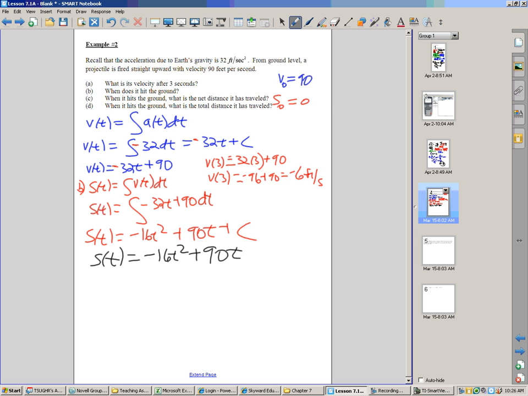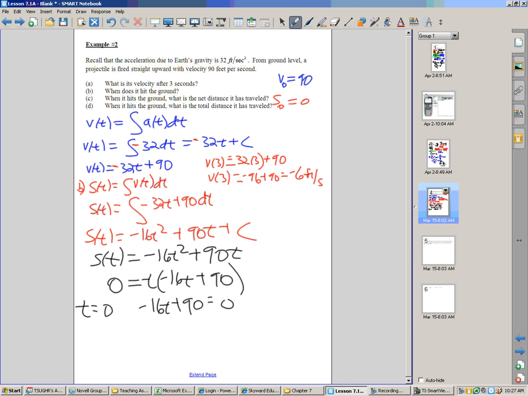It hits the ground when the position equals 0. So if we plug 0 in for the position, what is the time going to be? Factor out a time, a t. You could factor out more than that if you wanted. There it is. It's certainly not going to be when t equals 0. That's when it starts. But we set this equal to 0.